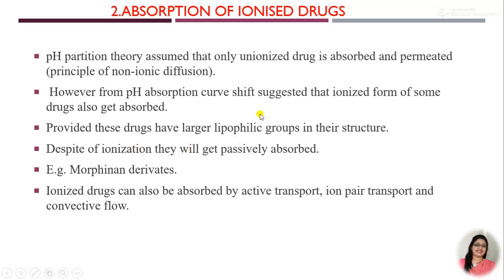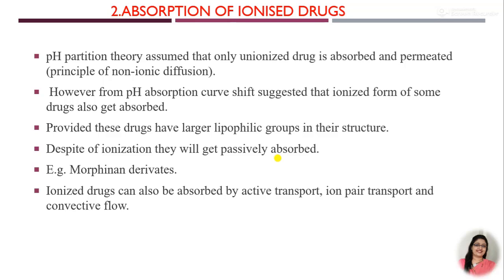Now, if the drug is ionized and still it is getting absorbed, then such a drug should have larger lipophilic groups in its structure. So even if the drug ionizes, it will cross the membrane provided it has larger lipophilic groups. And despite ionization, they get passively absorbed.